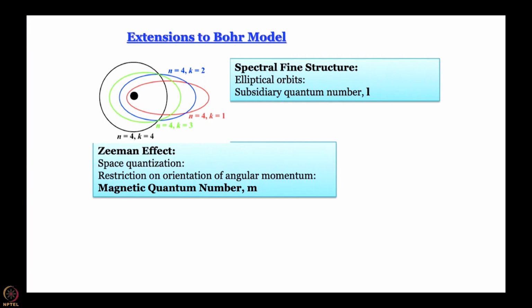It was proposed that for every value of, well, now I will say L, not k, L is a little easier. For every value of L, there are 2L plus 1 orientations that the orbits can exist in. So for L equal to 1, you can have this orientation or this or this. What that leads to is that if you think of the electron going around in a circle roughly, then the angular momentum is going to be normal to the plane of rotation.